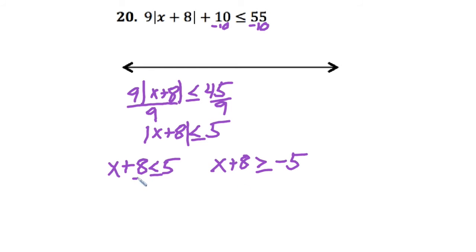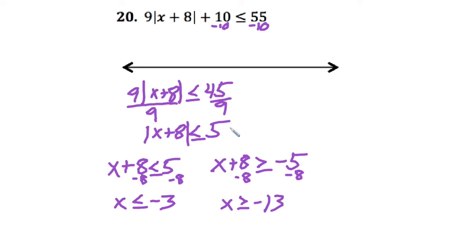Now I have two inequalities. Solve them both. Both happen the same way. Subtract 8 from both sides here to find x is less than or equal to negative 3. Subtract 8 from both sides here to find x is greater than or equal to negative 13. These are my two solutions. Each of them has half the number line represented.